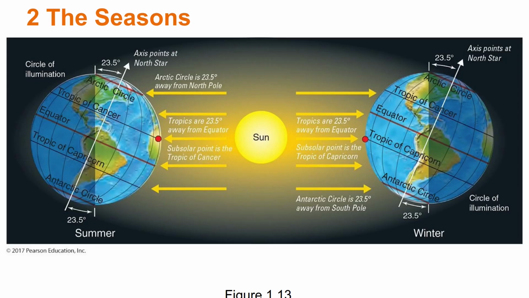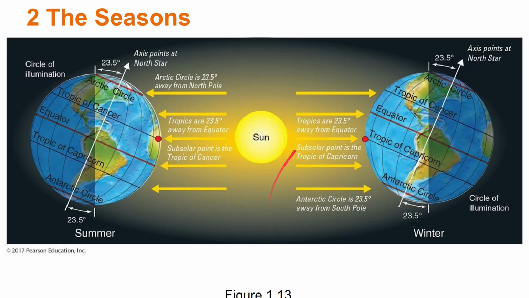The rest of the time I identify the month, because it's clearly summer in the Northern Hemisphere. The Tropic of Cancer is the subsolar point. Below the Antarctic Circle, they have 24 hours of darkness, so it's clearly Southern Hemisphere winter. And by the same token, in June, when it's our summer, the subsolar point, wait a minute, I got that backwards.